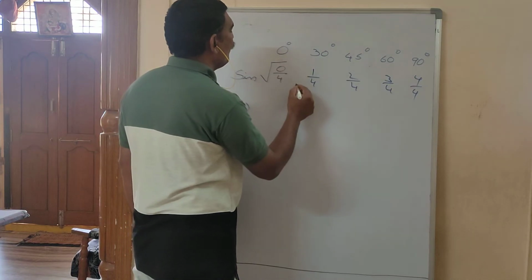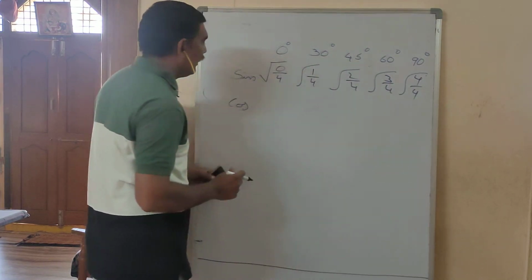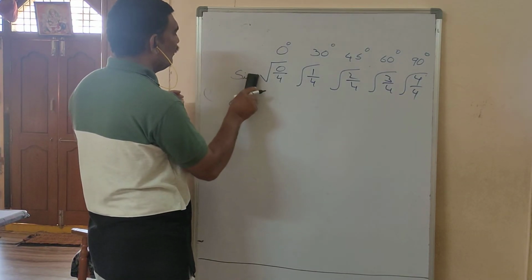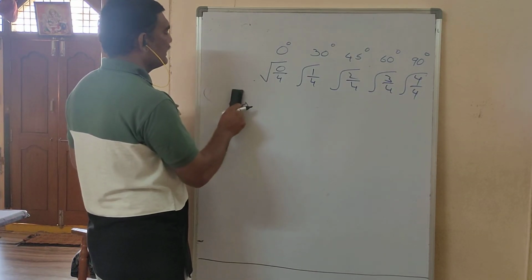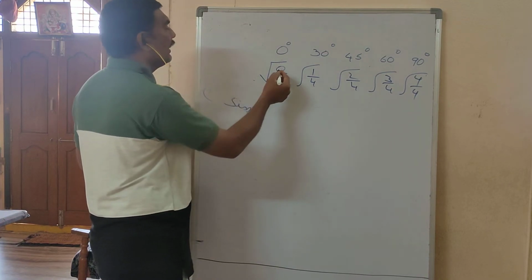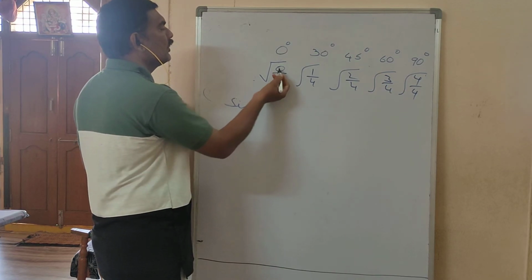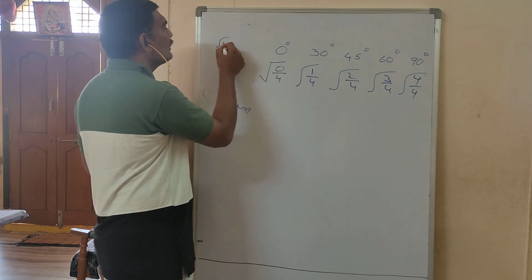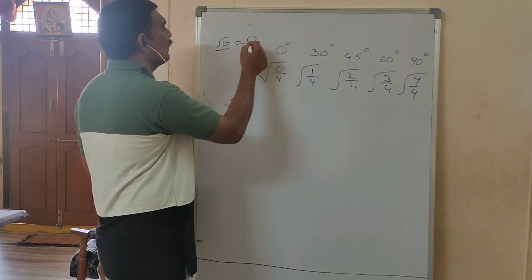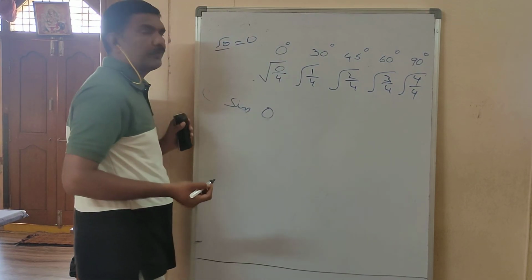Keep square root for all. Now simplify this one. 0 by any number, its value is 0. 0 by 4 is 0. Root 0 value is 0 only. So root 0 by 4, if you simplify, you get 0.